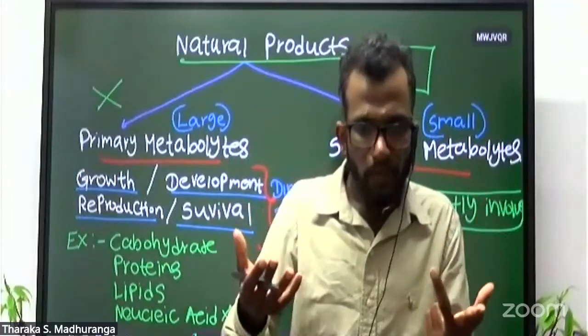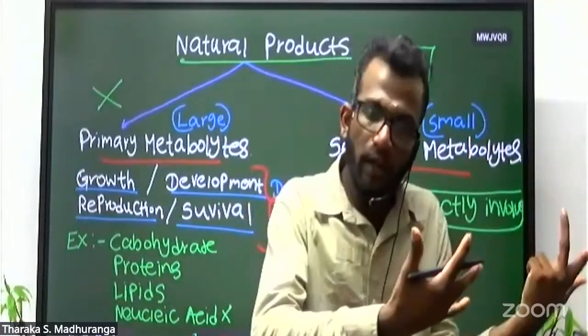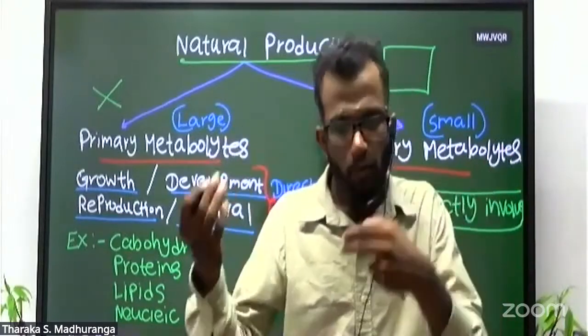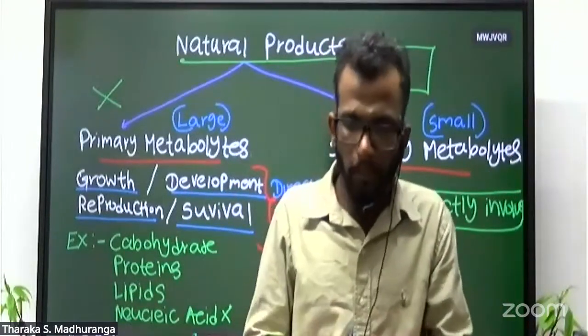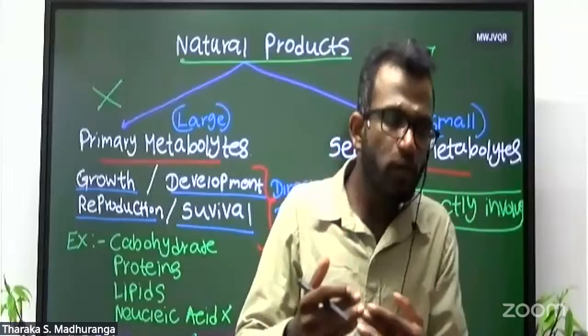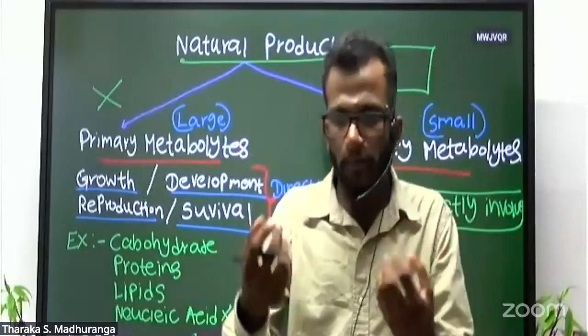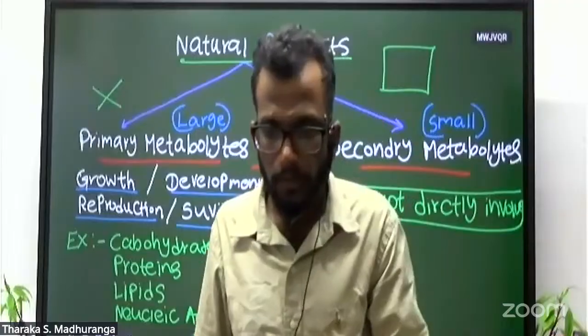Every organism has primary metabolites, only special organisms have secondary metabolites. Primary metabolites are produced in large quantity, secondary metabolites only in tiny amounts.